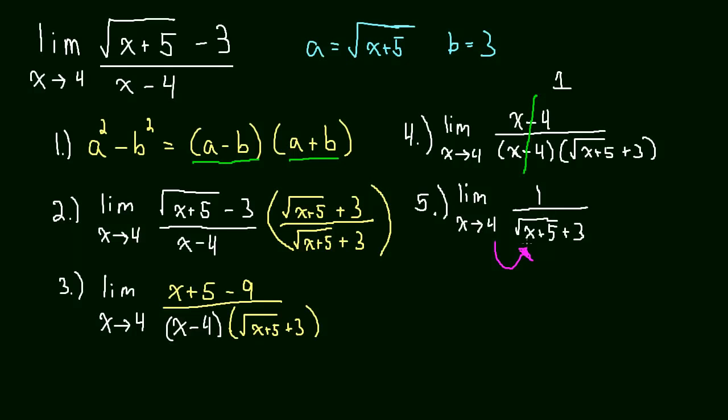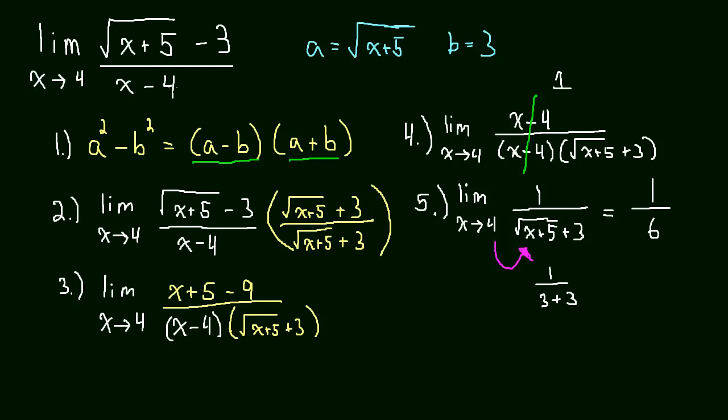And when you do this substitution, you're going to wind up with an answer of 1 over 6. 1/6. And that's because this becomes the square root of 9. You take the square root, and you end up with 1 over 3 plus 3, which is equal, of course, to 1 over 6. So that's the limit, and that's how you do it.